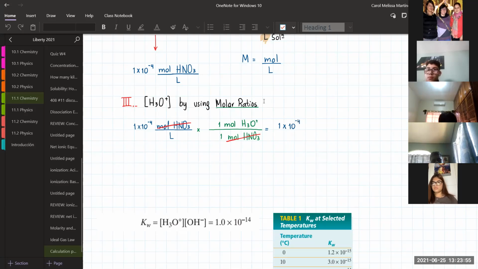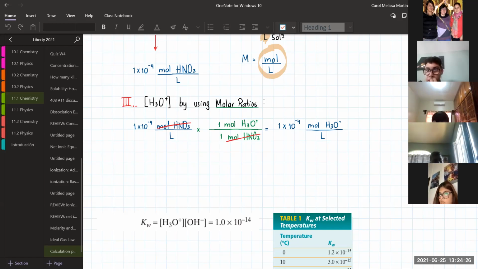But the units are changed. Now I have moles of hydronium ion per liter. These are the units remaining: moles of hydronium ion on top and liters below. Now let's go back and analyze this. Moles per liter are the same as molar. So this is the concentration of hydronium ions.